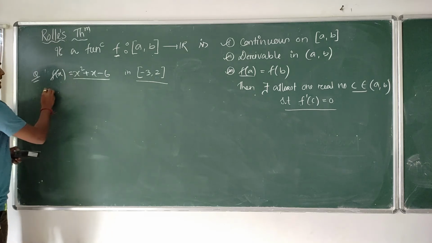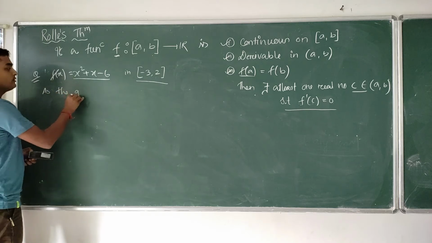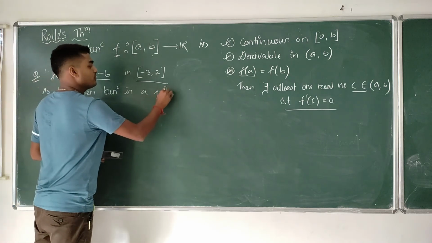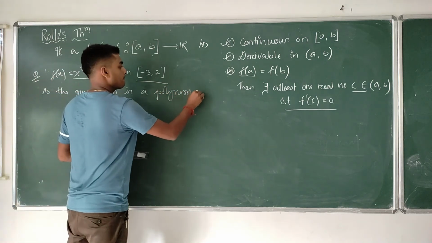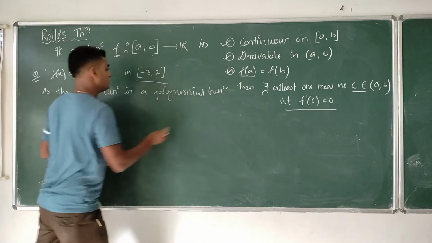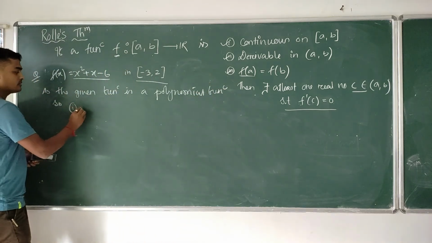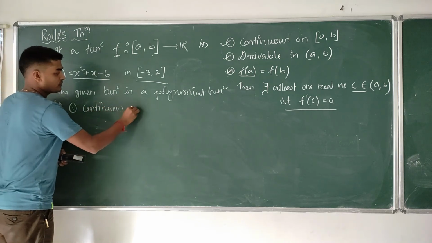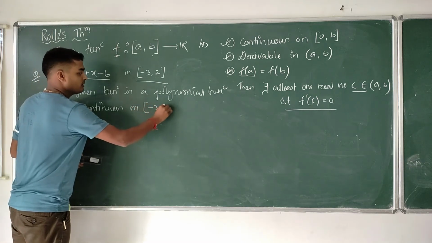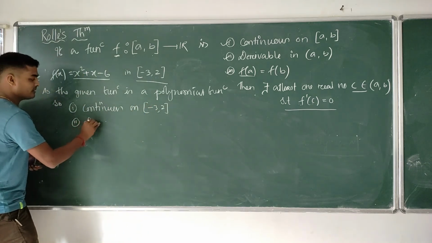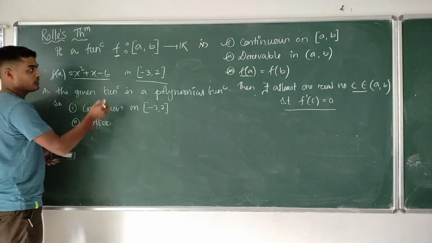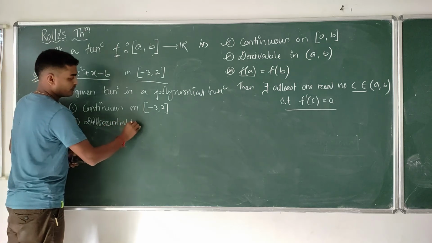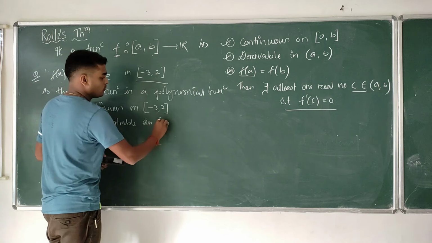So directly we have to write down: as the given function is a polynomial function, number 1, continuous on the closed interval minus 3 comma 2. Number 2, differentiable on the open interval.